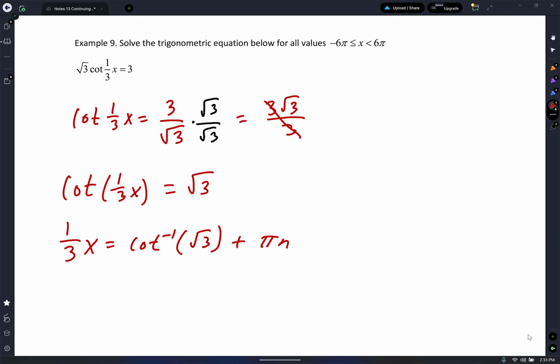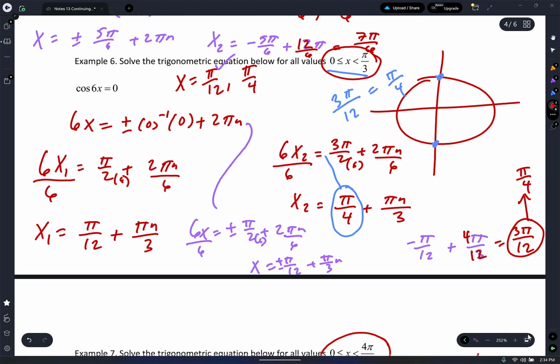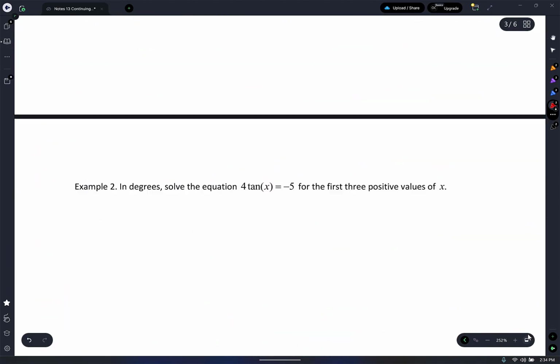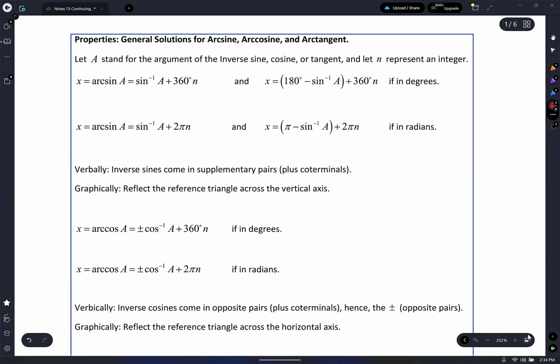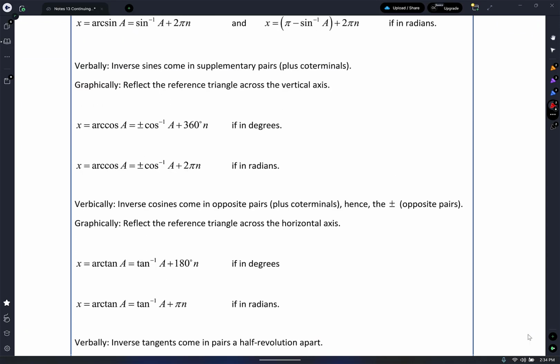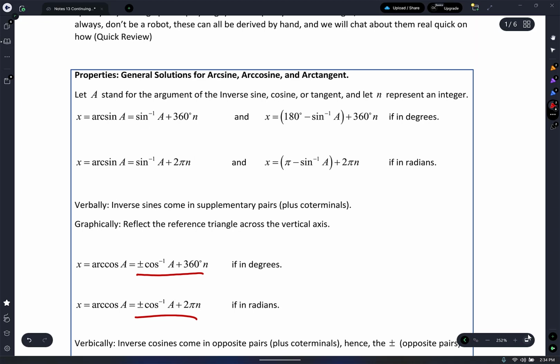Only cosine has plus minus. Only arc cosine has plus minus. I actually gave you all those notes over here in the first page, but I just haven't referenced it yet because all these coordinates have been perfect. Notice that the cosine has a plus minus and the sine does not have a plus minus.